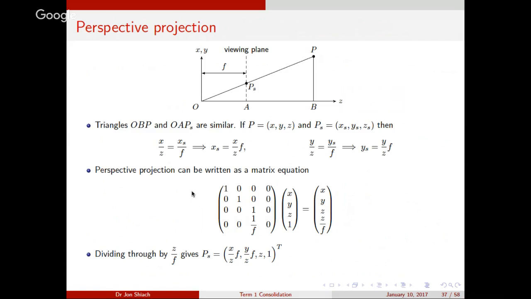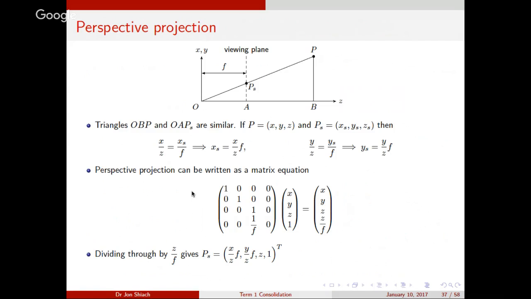So that means the angle here is the same for both triangles. Quite easy to see from that diagram. If that's the case, then the x coordinate, remember this is the x or y axis, this length here, P minus B, which is x or y, divided by B minus O, that's your z value across there, that's your x value.